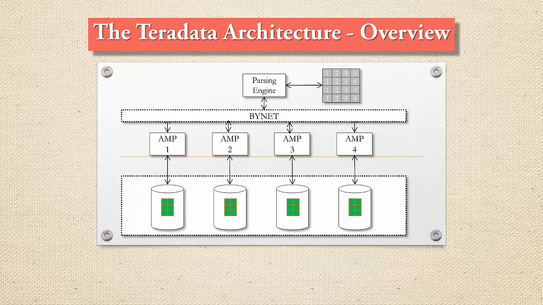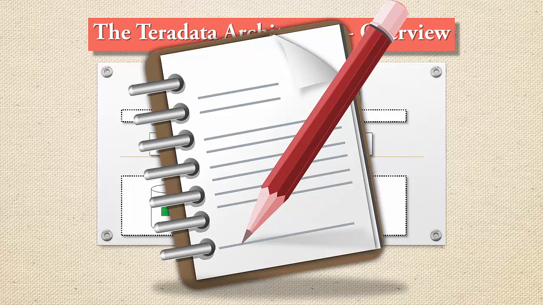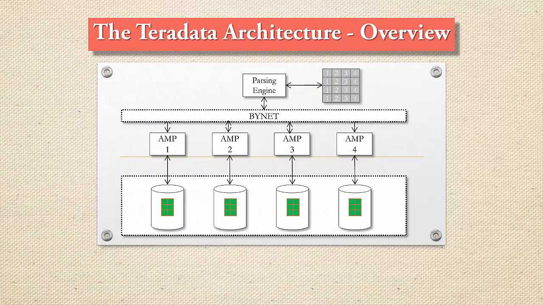The following architectural cornerstones are important to have in mind for a better understanding of what follows in this course. Take notes if you want, so that you can follow our discussion when we come to the core part. Any data coming in or going out of a Teradata table proceeds through a series of steps, as is delineated here in this slide.